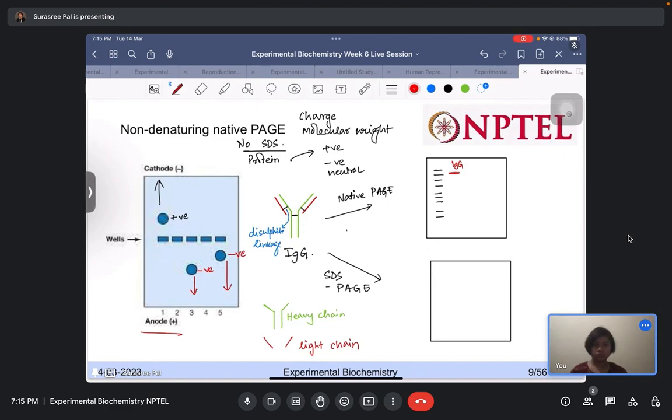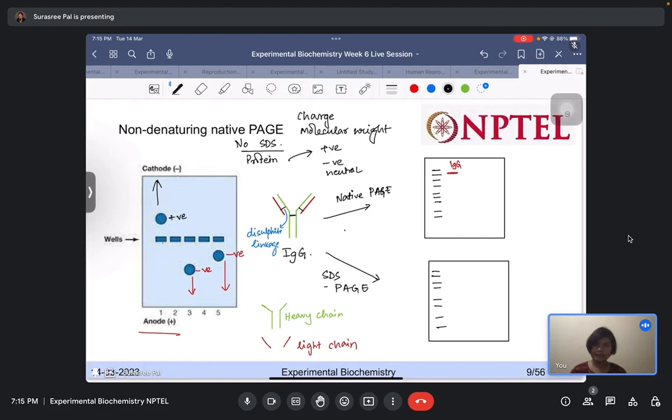Whereas in a denaturing page, these disulfide linkages will be broken down. So therefore, in an SDS page, we will be able to see two bands.